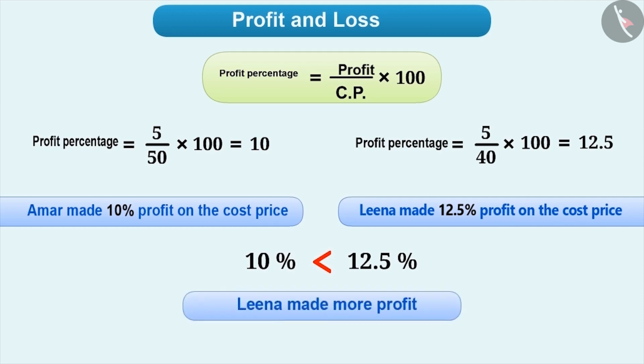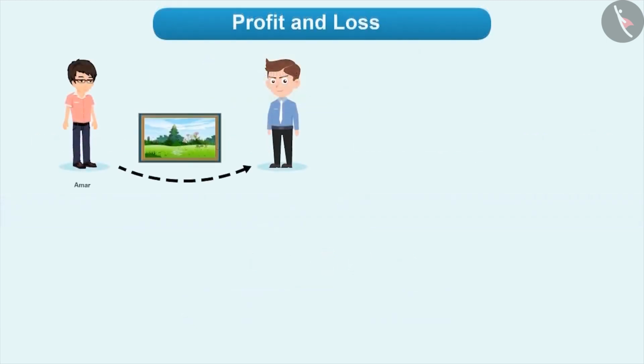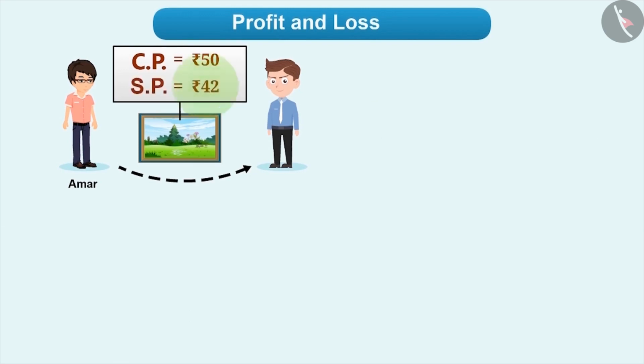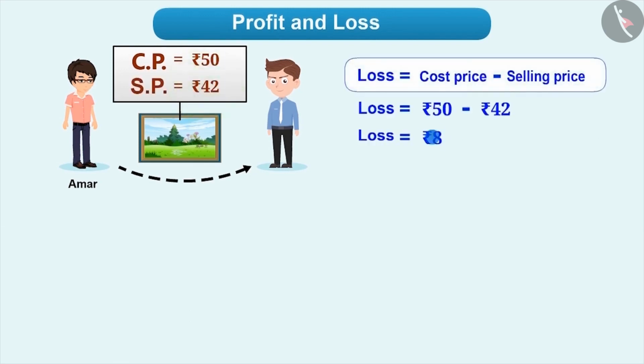Similarly, we can also represent loss as a percentage. Suppose Amar had sold the 50 rupee photo frame for 42 rupees, then he faces a loss of 8 rupees. That means, in this situation, Amar has faced a loss of 8 rupees on a cost price of 50 rupees. To represent any fraction in percentage, we multiply it by 100.